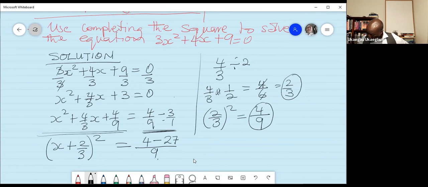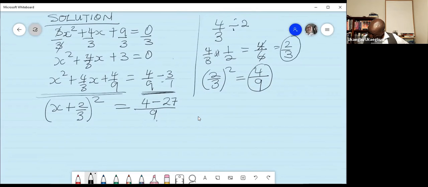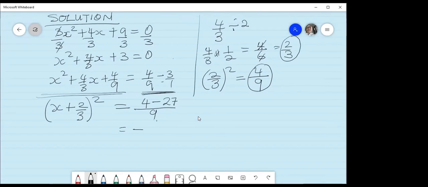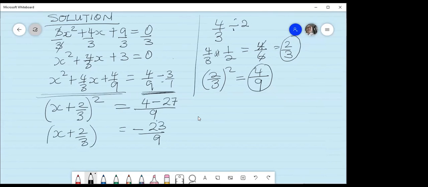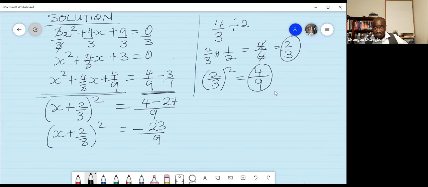So that gives us negative 23 over 9, equal to x plus 2 over 3 whole squared.